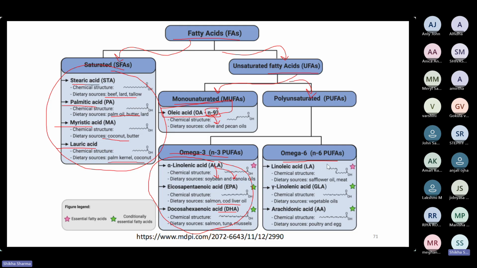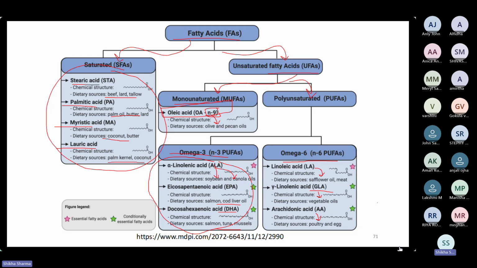And omega 6 has linoleic acid, GLA, which is gamma linolenic acid, and AA, which is arachidonic acid. Linoleic acid is basically in meat or safflower, GLA is in vegetable oil, and AA is in poultry and eggs.